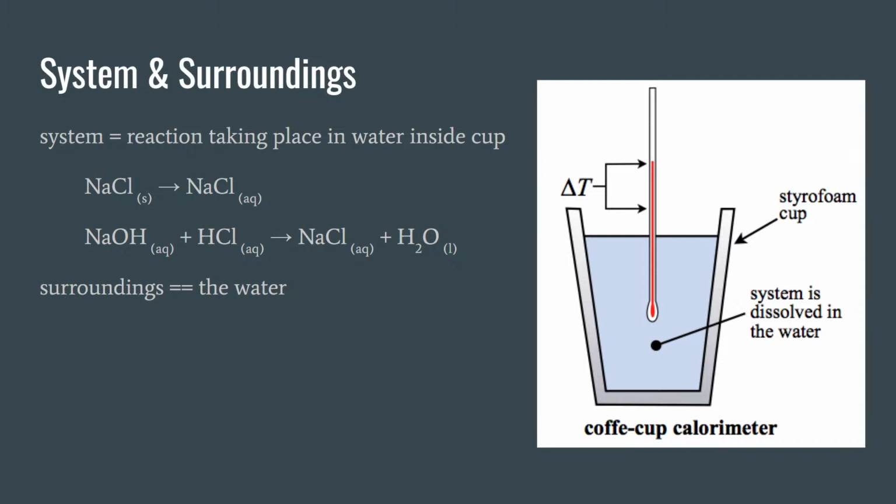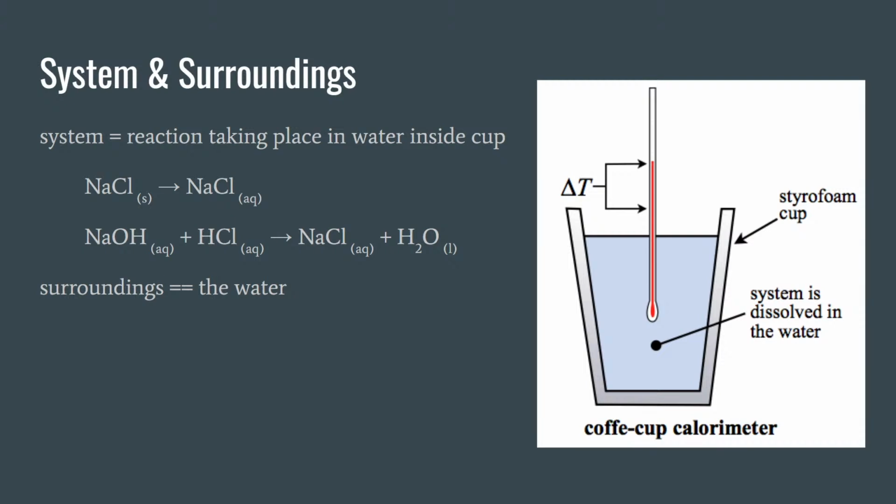Because we have a decent insulator in the styrofoam cup, we can justify saying that the water represents all the surroundings that really matter. Remember, the system and the surroundings. The system is what you care about. The surroundings is literally everything else in the universe.